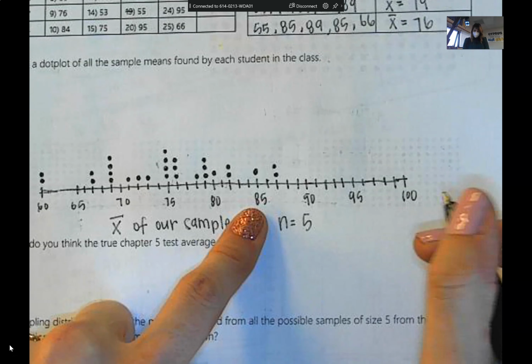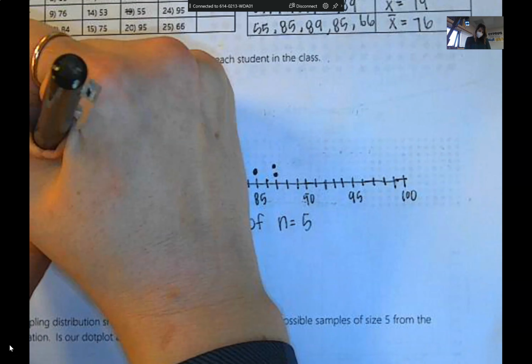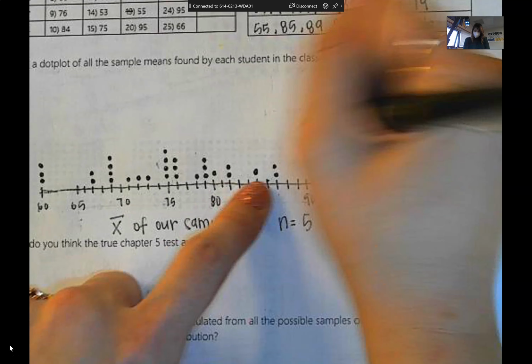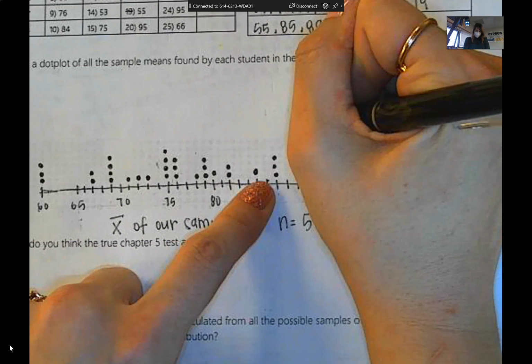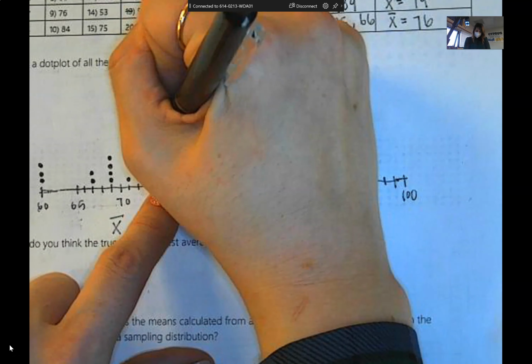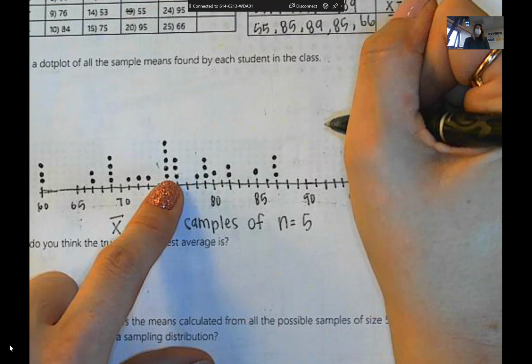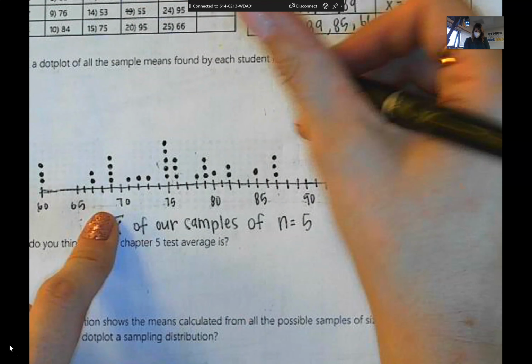Kenneth? 60, 87, 75. Say it one more time. 73.